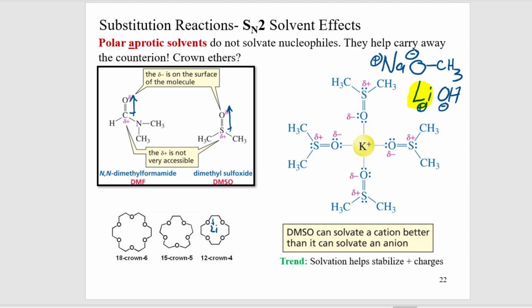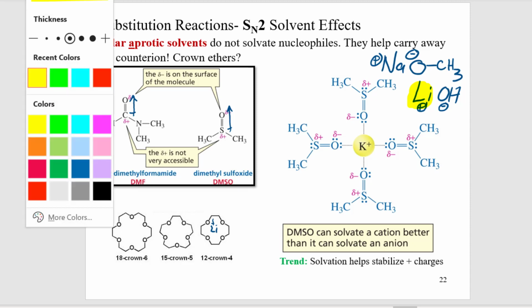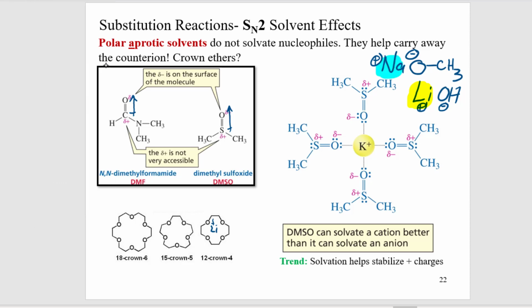If I wanted to trap sodium, sodium is slightly bigger, and so I'd need to trap it in a 15-crown-5. It's a slightly bigger cage, and all those oxygens are attracted to that sodium, keeping it in its cage. And if I wanted to transfer a potassium, which is even bigger, I'd have to use an 18-crown-6. You guys might see these cryptands in biology.